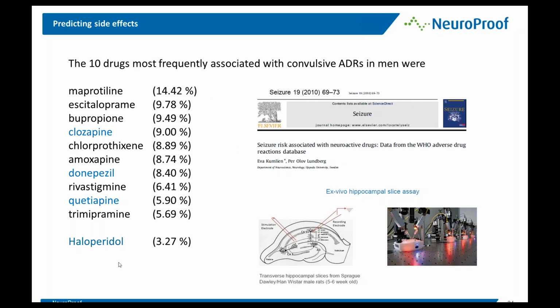And you see this list of compounds and drugs and their seizure liability in men. So we certainly want to avoid this with novel drugs, and therefore we need in vitro screening assays, and at the moment one assay is the hippocampal slice assay, and we want to replace that also in the real 3R, replacement, refinement, reduction of animal use.